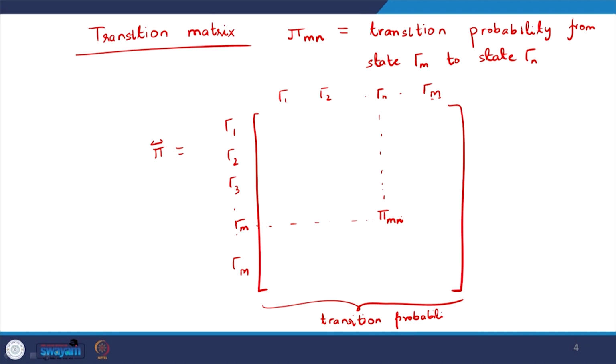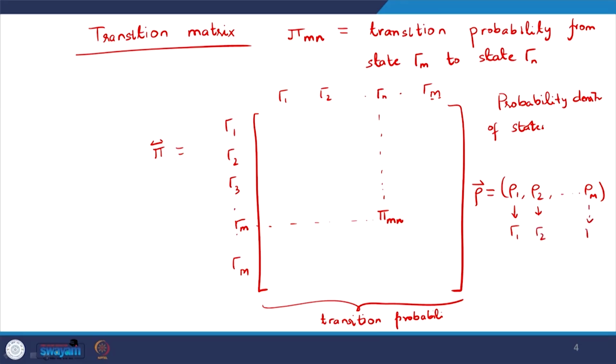So, now I can also write the probability density of states as something like a vector of rho 1, rho 2 to rho m, where rho 1 is the probability density to be at gamma 1, rho 2 is the probability density to be at gamma 2, and rho m is for the gamma m.